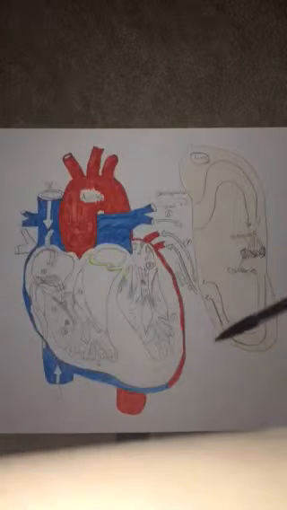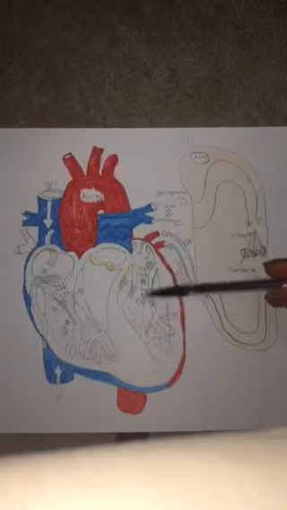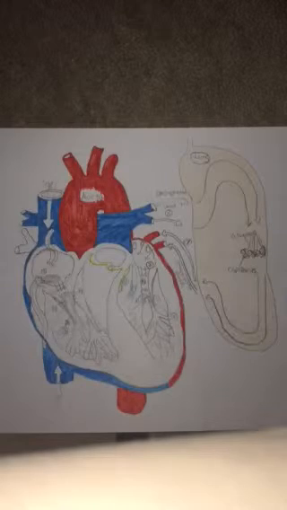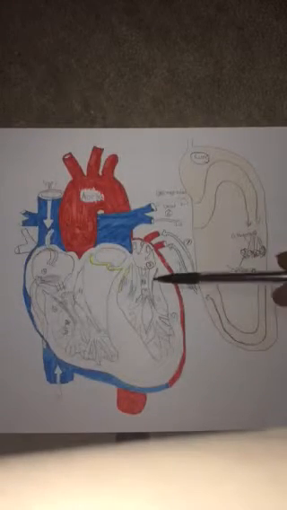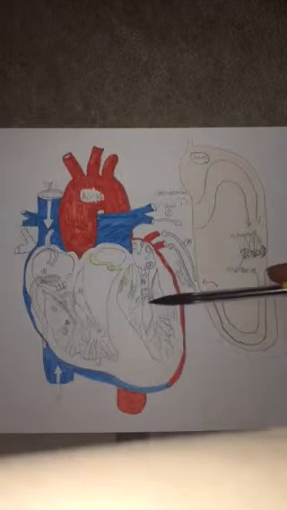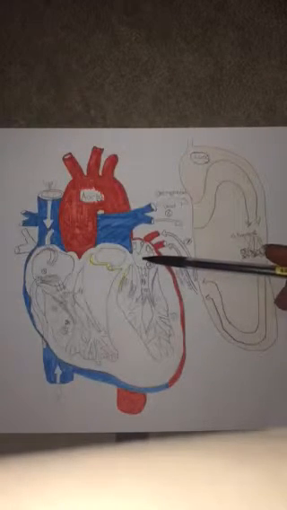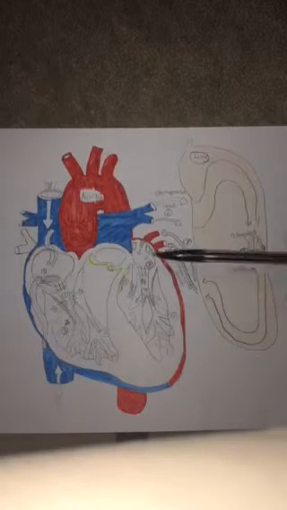The bicuspid valve, located here, begins to contract because it's not going to allow the blood to flow back into the atrium.